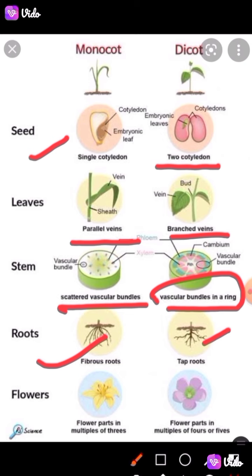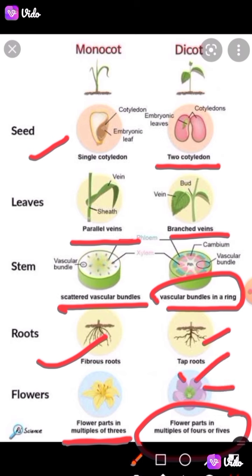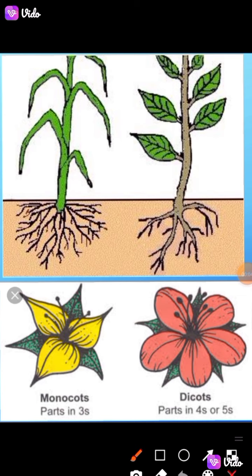Talking about flowers, in monocotyledons, flower parts are present in multiples of 3, whereas in dicotyledons, flower parts are present in multiples of 4 or 5, or equal to 4 or 5. As you can see here, 1, 2, 3, 4 and 5. Have a more clear image, so let's determine the differences between monocotyledons and dicotyledons on the basis of root system and petal system.